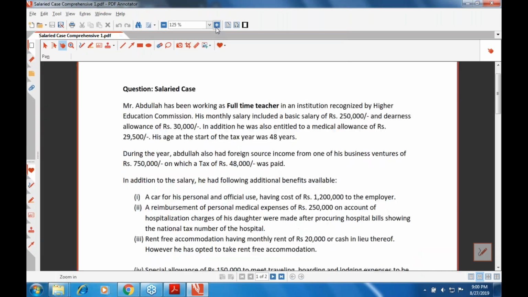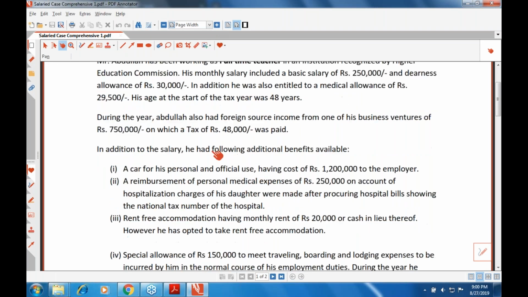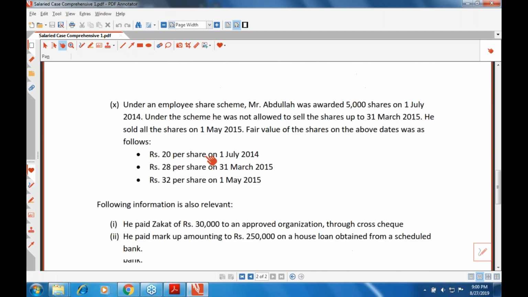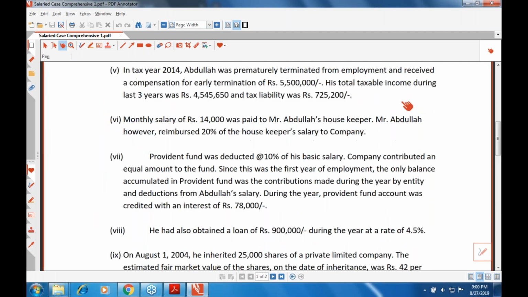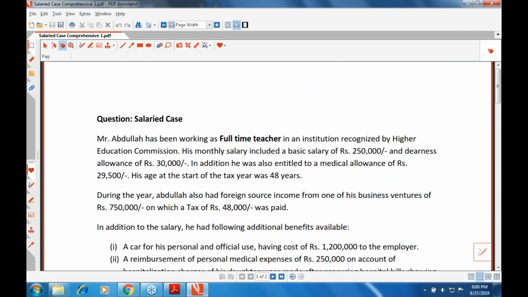Okay, this is a practice question which I would want you people to attempt. For all of you who are asking where exactly we can find this question: in your GoToWebinar window, there is a handout section. There you can find "Salaried case comprehensive", that's the name of the question.